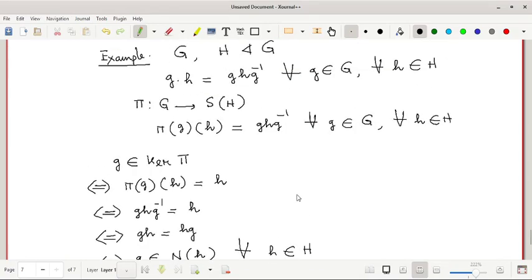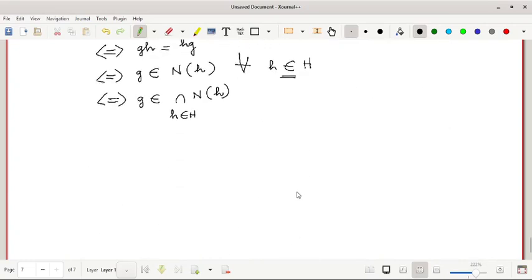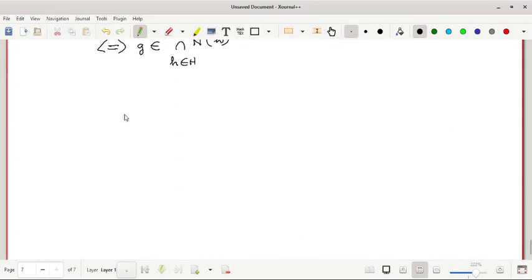For example, if I choose my G to be an abelian group, say R plus, it is abelian. Take any subgroup H, say Z plus. Then what happened to the kernel of the homomorphism?